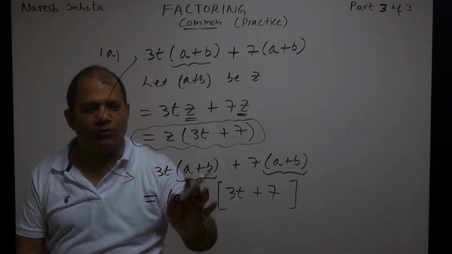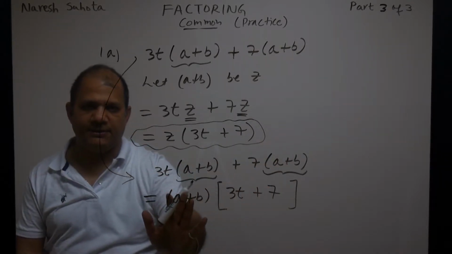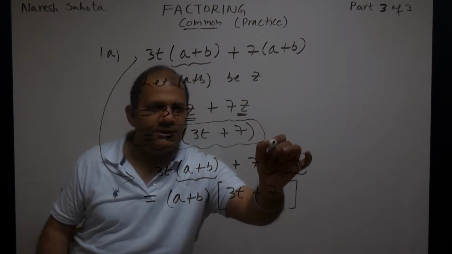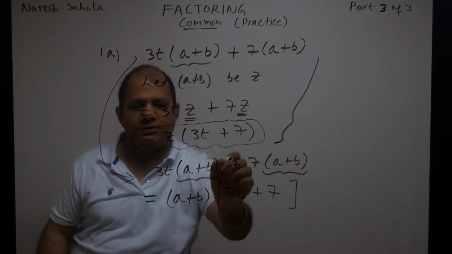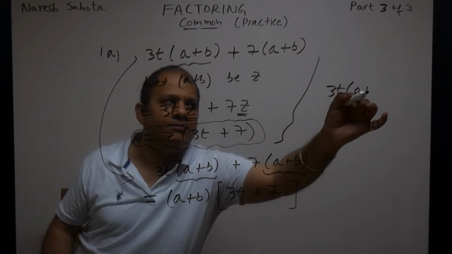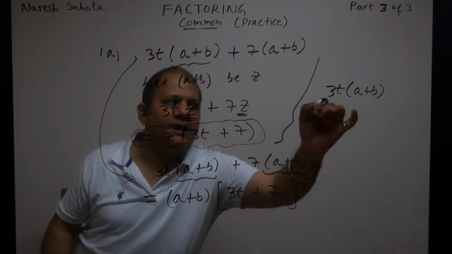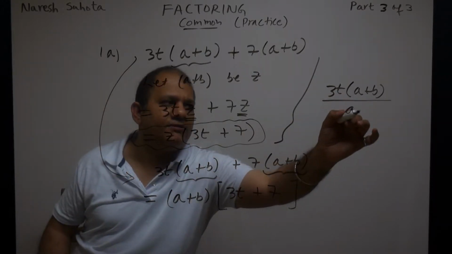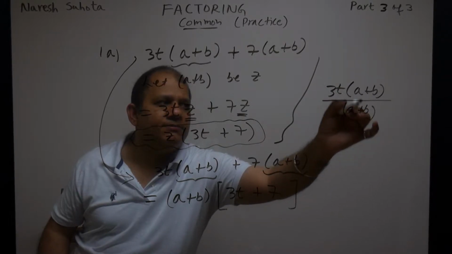Okay, so I hope you really grasp the concept here, right? Now if we wanted to do it the long way, I could say, here's my first term, 3t times (a plus b). I can divide it by my common factor. Common factor is a plus b, and then simplify this.